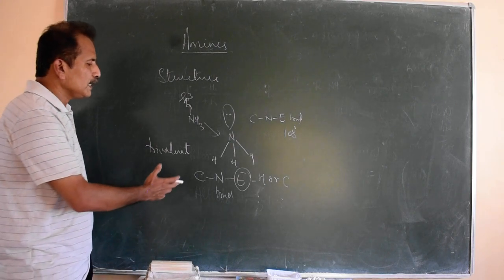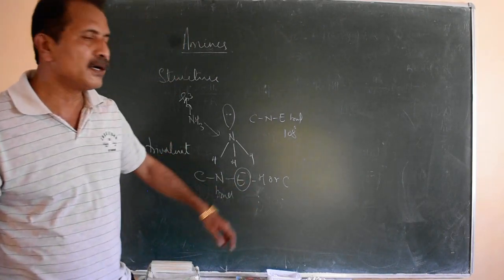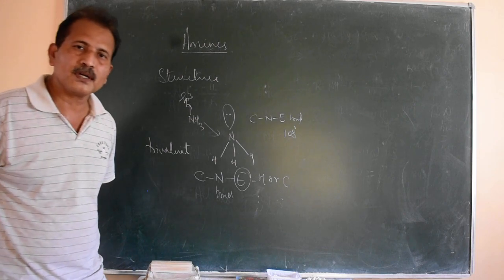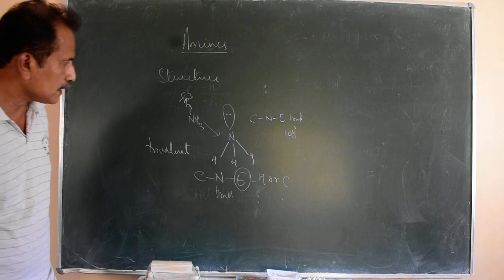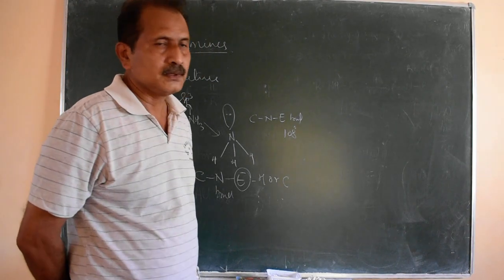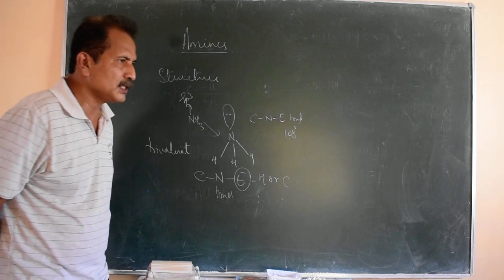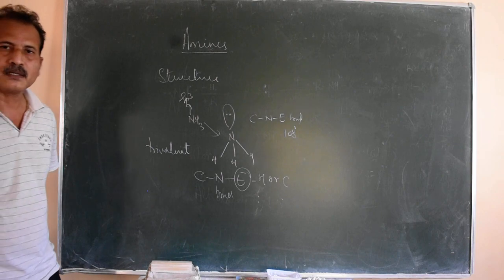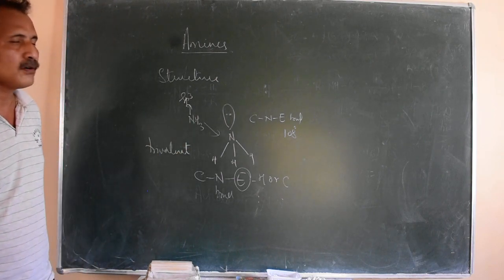And the C dash N dash E angle, where E stands for either hydrogen or carbon, is less than the standard angle of 109.28. Okay. So as far as the tertiary amine is concerned, especially trimethylamine, the bond angle is around 108 degrees. So this is about the structure of amines.